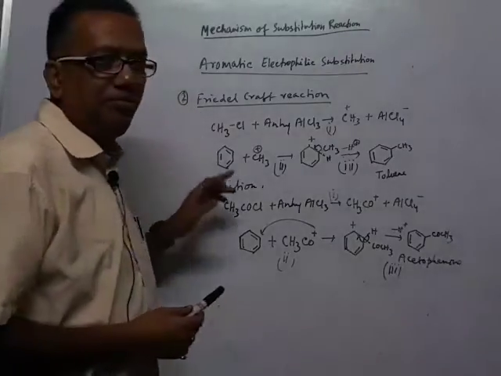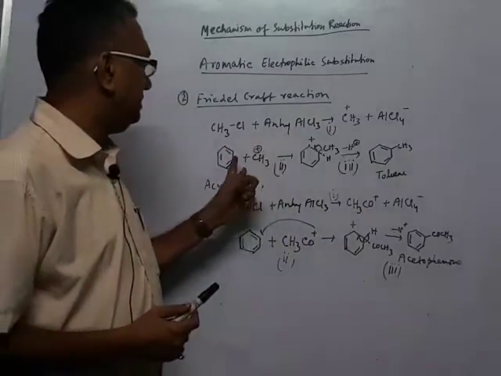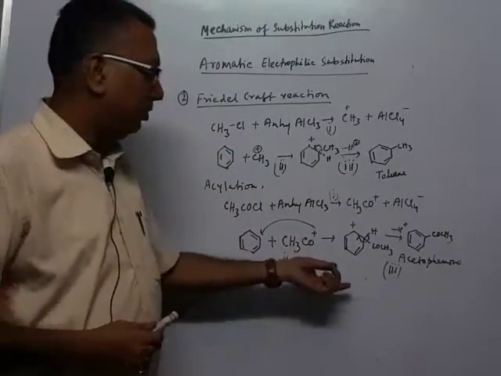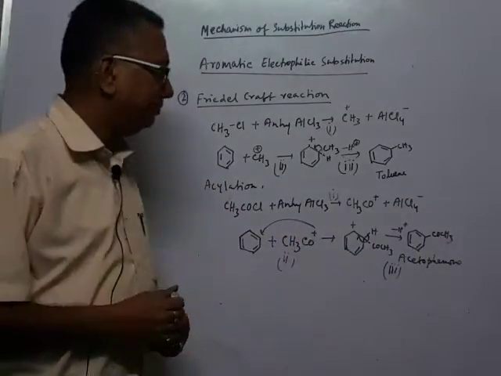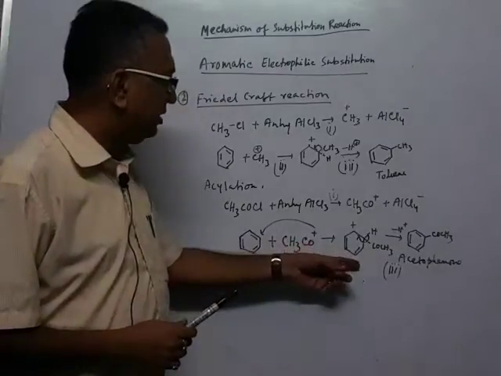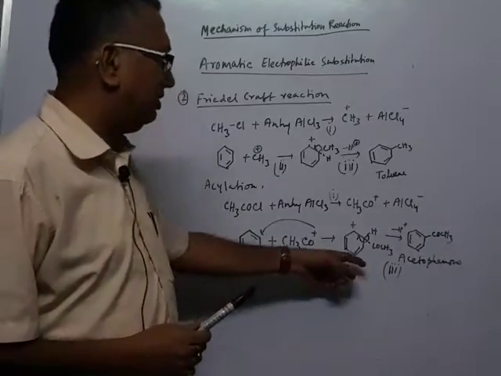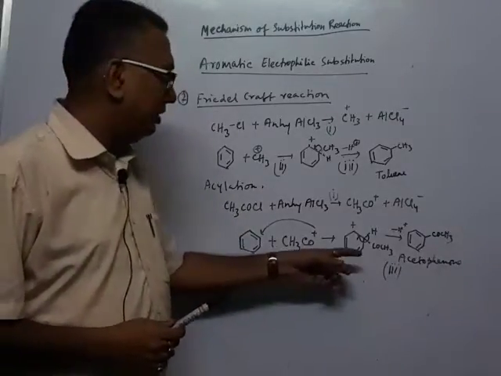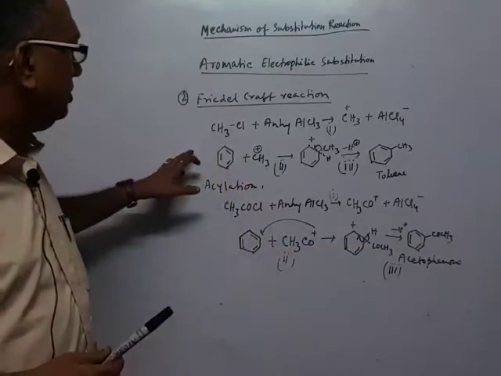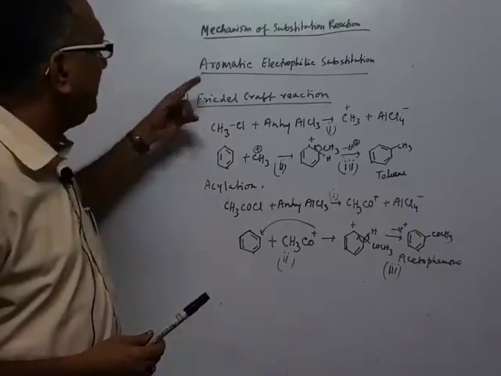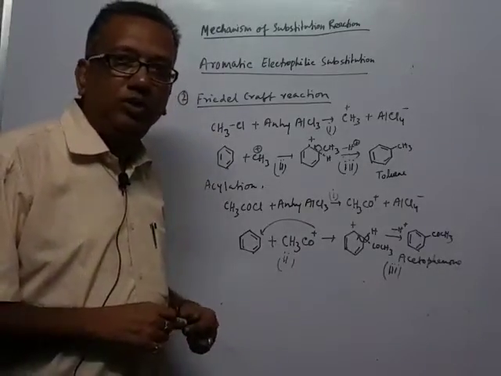This is also a Friedel-Crafts reaction, where the electrophile attacks the aromatic ring, and followed by removal of proton, we get the product. And here these intermediates are very unstable, so we cannot identify or separate them because their shelf life is very short. So that is all about the Friedel-Crafts reaction and aromatic electrophilic substitution. Thank you for viewing this video.